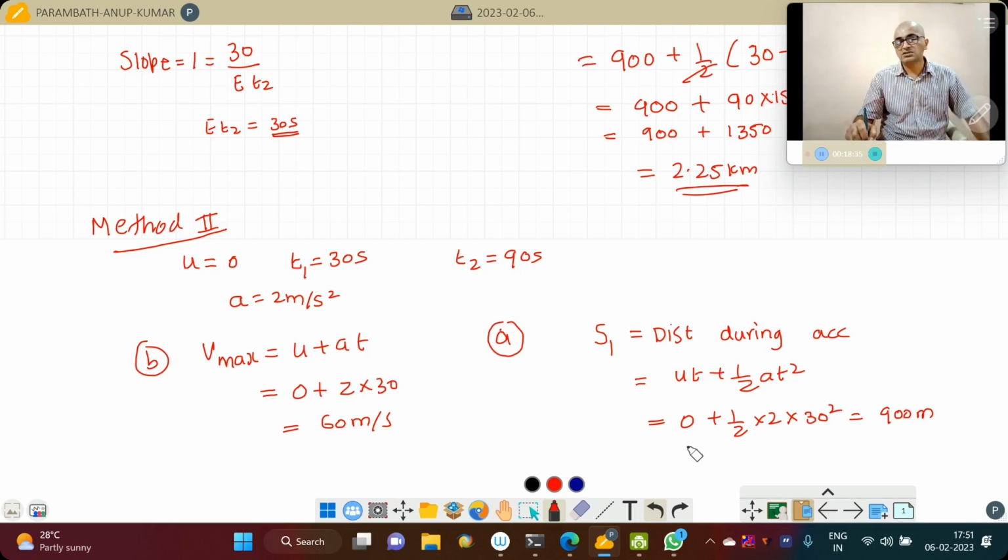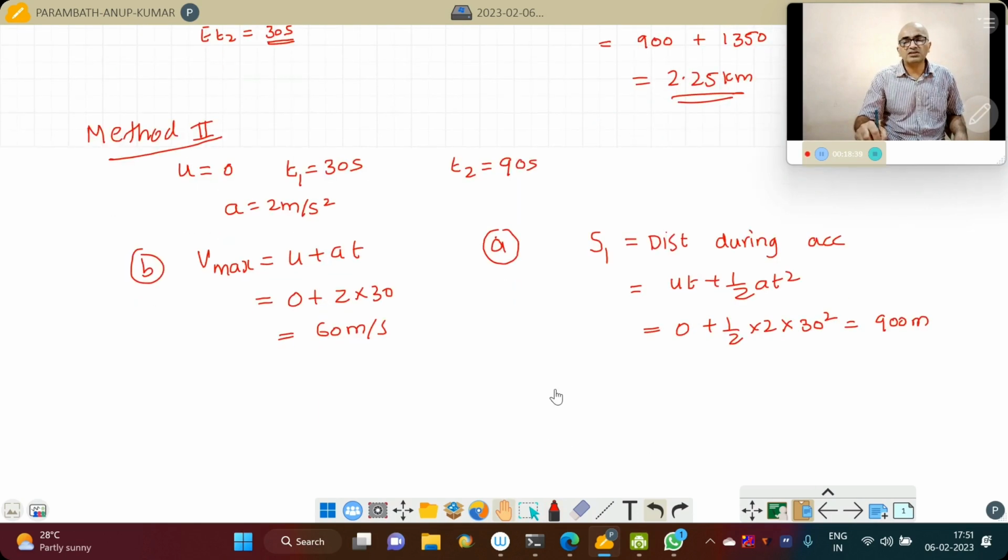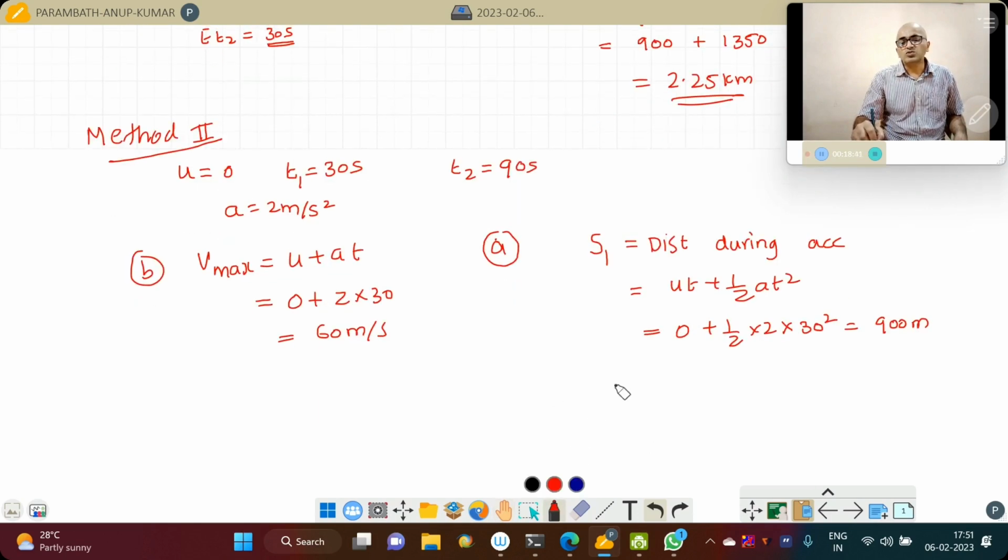Now students, we have to find out the distance traveled during S2. S2 is the distance traveled during deceleration, which is again ut plus half at square.